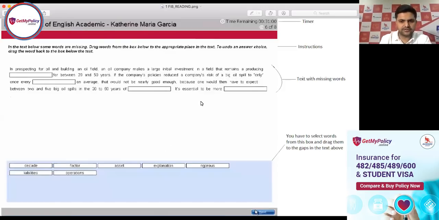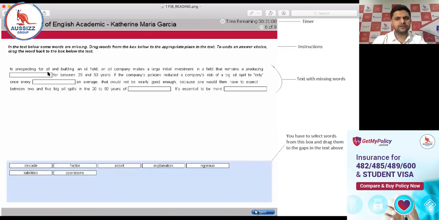On the day of the test, you would have this on your screen. You would have an instruction panel, an overall timer, and your passage, or the text from which you are supposed to read and give the answers. And you would have a box here from where you choose the options to fill in these gaps.